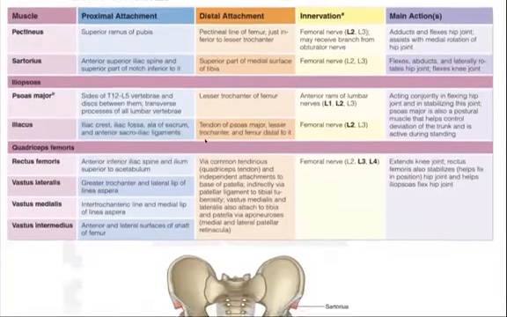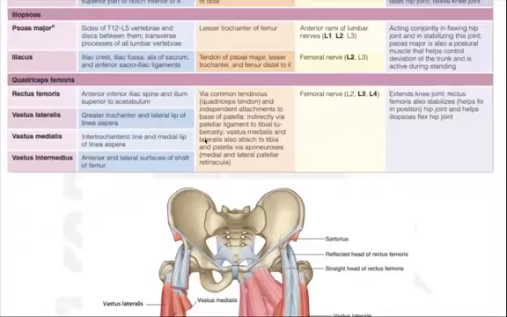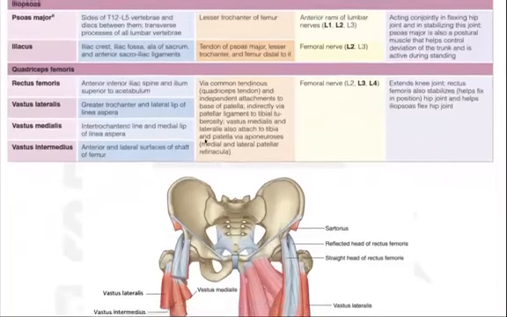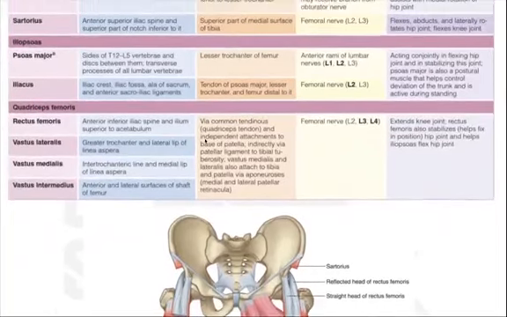First thing we have to know about is the iliopsoas. About the psoas major, it is coming from above to below, right? So it will be originating from the thoracic 12 to lumbar 5 vertebra and the discs as well, and it will insert into the lesser trochanter of the femur.